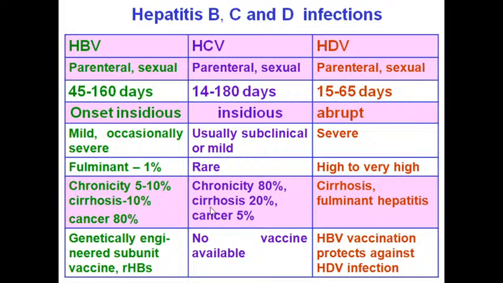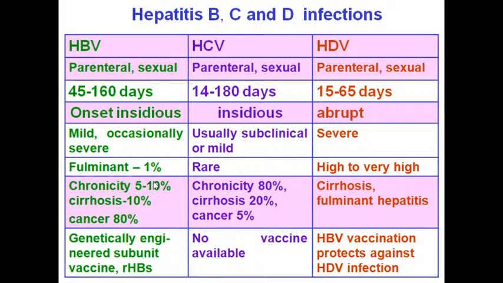Now please compare, and this is very important in the description of the diseases, especially the difference between hepatitis B virus infection and HCV infection. The share of chronic infections is different.